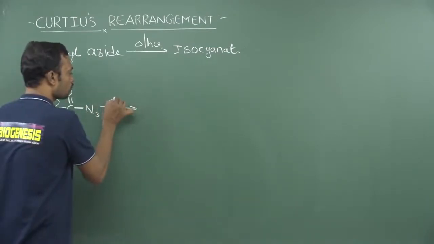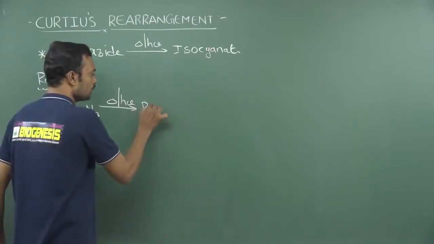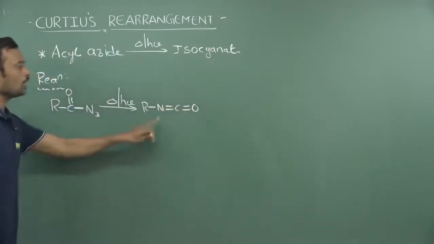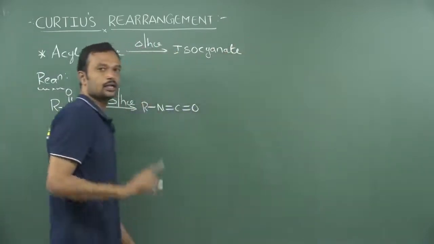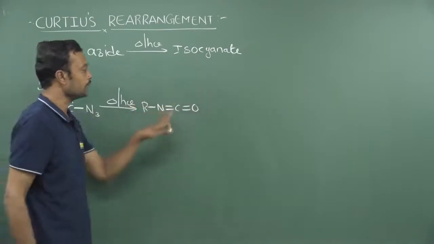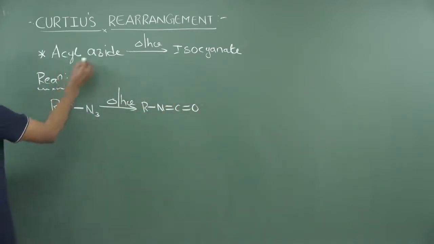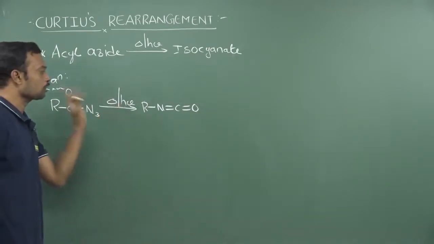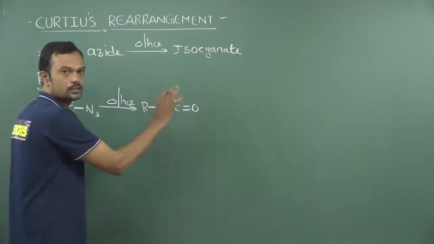Under thermal or photochemical conditions, R attaches to N=C=O like this. This is called isocyanate. Don't write isocyanide. It is not IDE, it is ATE. ATE is nothing but N=C=O. This is called isocyanate and this is called acyl azide. This reaction is completely carried out under thermal and photochemical conditions, so that's why we say isocyanate is isolated in this reaction.